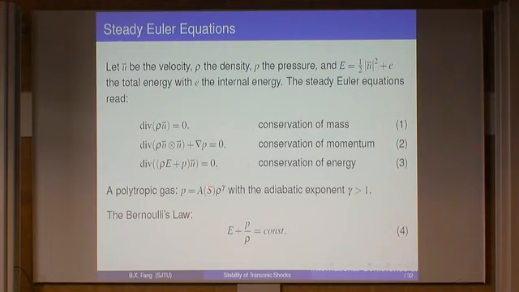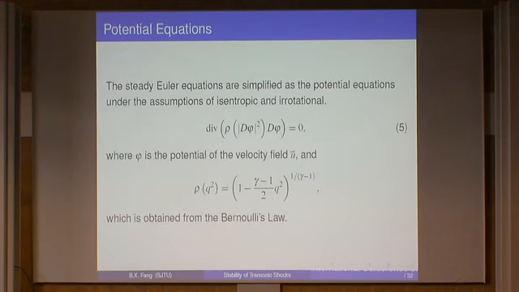So this number, this total energy plus P over rho, is constant along each streamline. So this is steady Euler equations, and this system is very difficult. So we give more simplification. So assume that it's isentropic and irrotational.